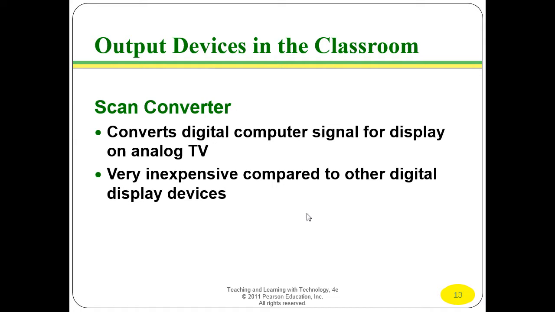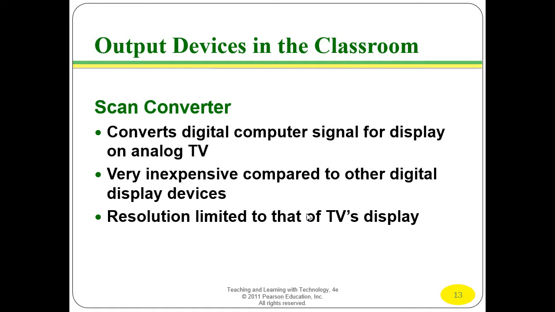They're very inexpensive compared to other digital display devices. Let's face it, a lot of schools have the old analog systems, but its resolution is going to only be as good as the analog television's display resolution.